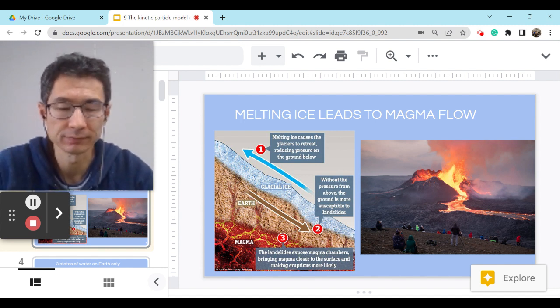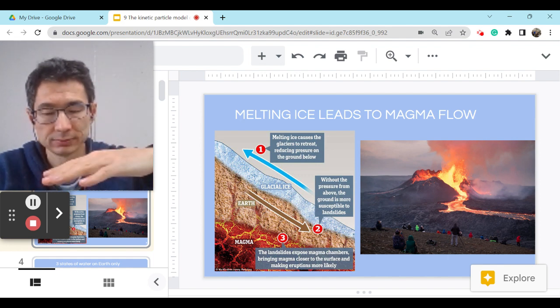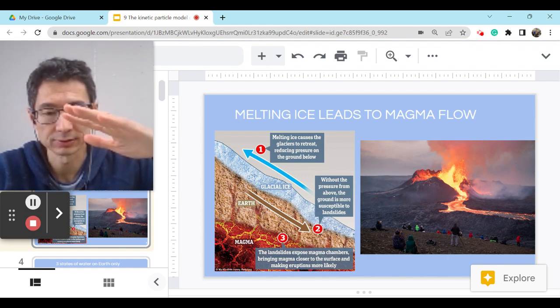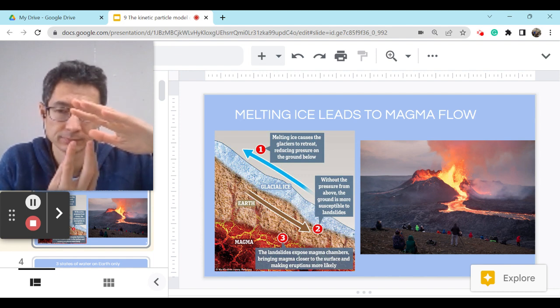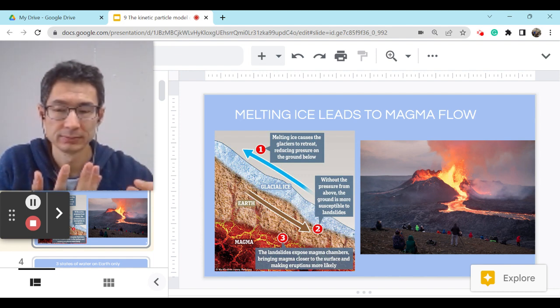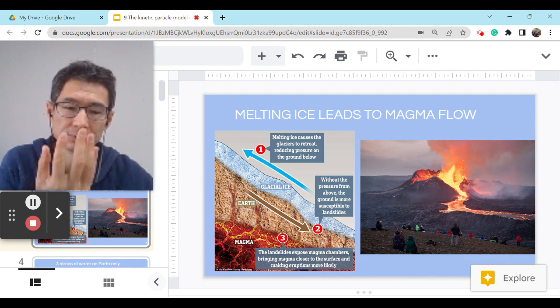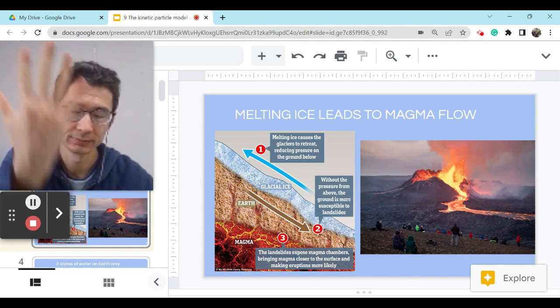You can read about it. Basically, when the glacier melts, it reduces the pressure which is stopping the volcano from erupting. When the glacier melts, there is less pressure. So now it is easy for volcanoes to erupt.